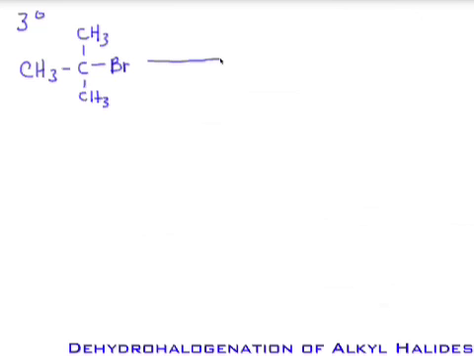We hit this with, say, sodium ethoxide. The solvent, what solvent would you use with sodium ethoxide? Oh, of course, you'd use ethanol, the conjugate acid of the base.